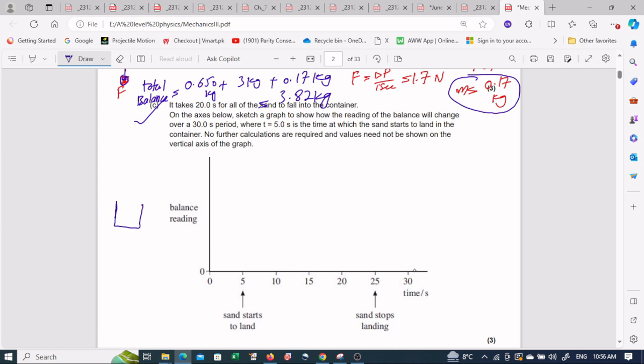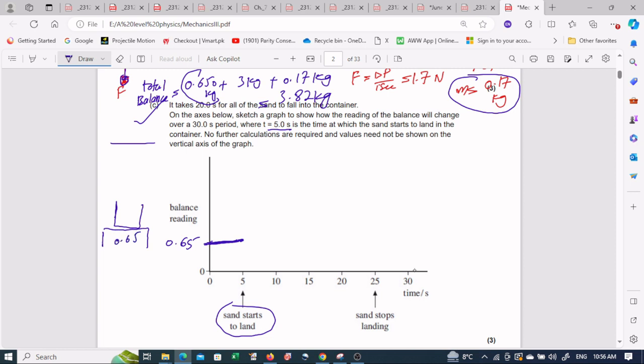Initially only the container's mass is present, because no sand has fallen yet, so the reading must be 0.65 for the first 5 seconds, because after 5 seconds the sand starts to land. So initially the balance shows only the mass of the container, 0.65.